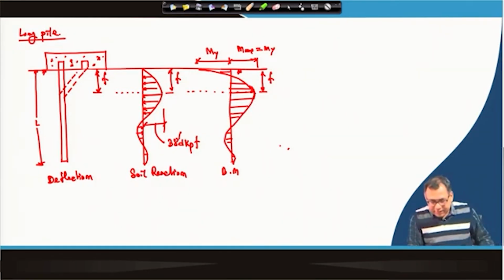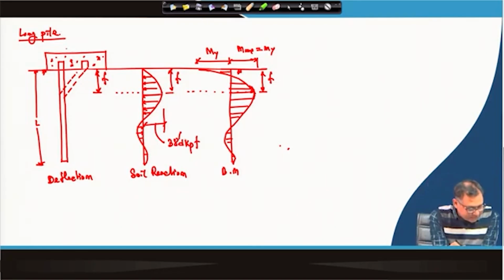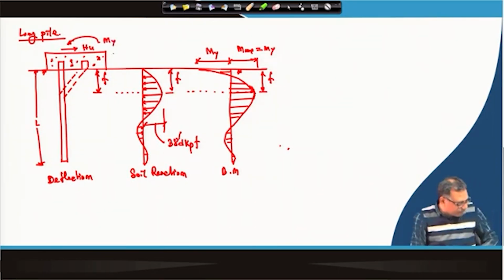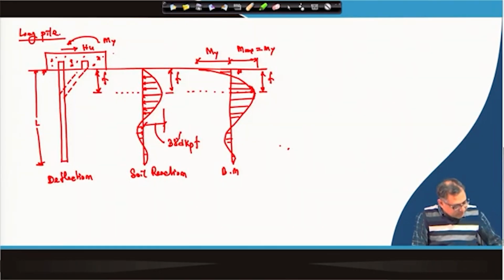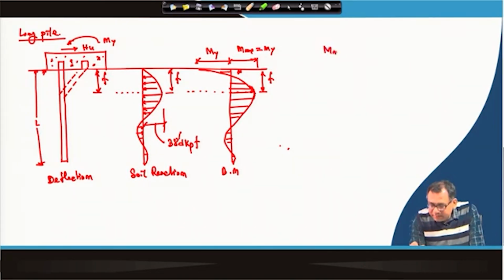So, now for the fixed head case, what are the values? I have to calculate the HU, and there will be a yield moment M y. Okay, because there will be a yield moment M y in this fixed head case. And now for the fixed head case, M max at the point F definitely will be equal to M y.